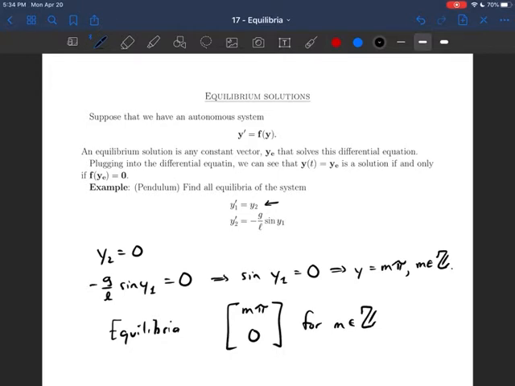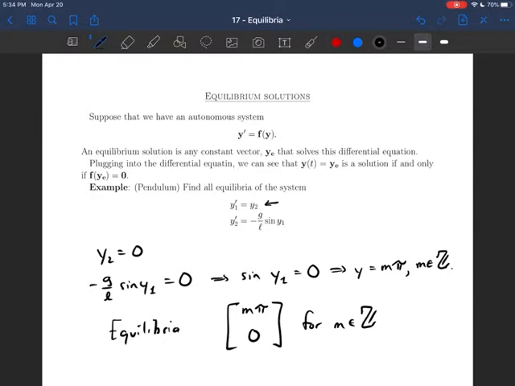They are m times pi, 0, for m in the integers, right? So our equilibria would be 0, 0, pi, 0, 2 pi, 0, 3 pi, 0, and so on, negative pi, 0, negative 2 pi, 0, negative 3 pi, 0, and so on.